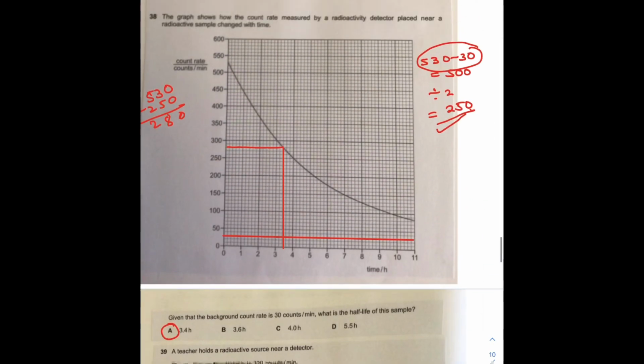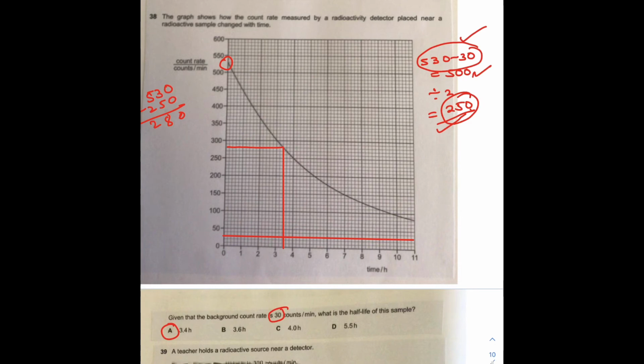So understand what I have done. The background radiation, they said, was 30 counts per minute, right? So I subtracted 530 minus 30 and got 500. Then I took half of 500, because actual radiation coming through the source is 500. So I got 250.